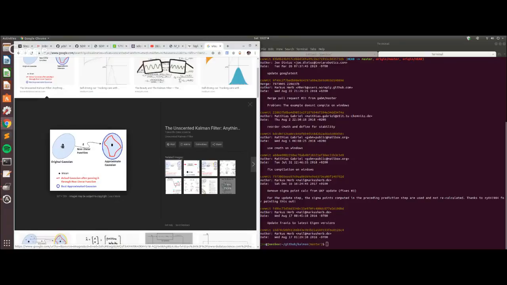In this case, the number of points you have is 2 times the dimension of your process plus 1, where the plus 1 comes from the mean. The 2 times L comes from having L eigenvectors, because this is a 2-dimensional process, and then you want to go both in the positive direction and the negative direction.